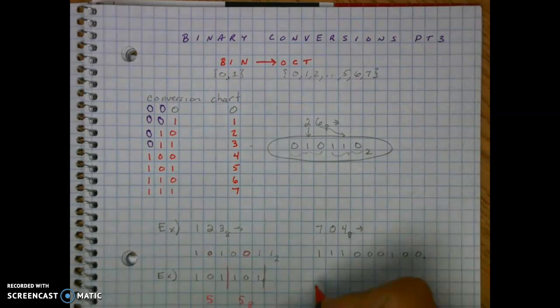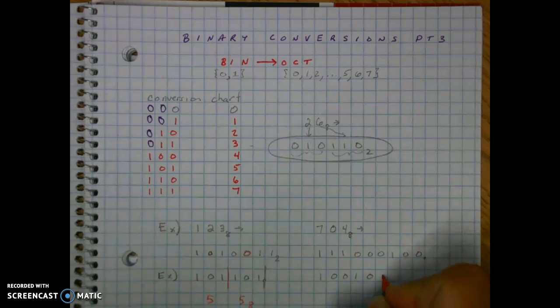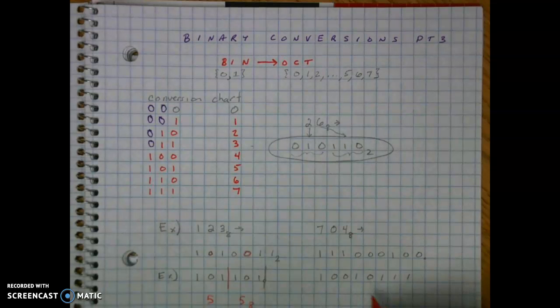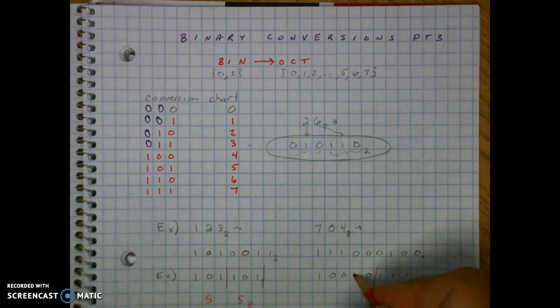So let's look at one more example. What if the binary number itself does not have an even grouping of 3? What do you need to do? From the binary point, there it is. We still group by 3. 1, 2, 3. Oh, 1, 2. Well, what do you do? Technically, there is a leading 0 for that bit.